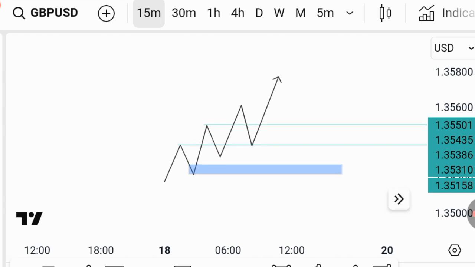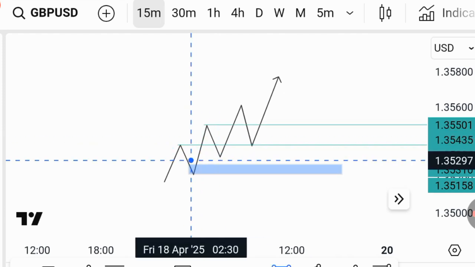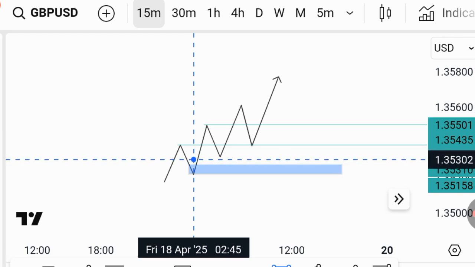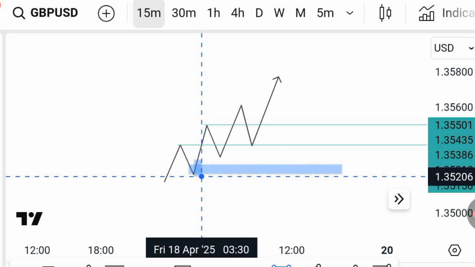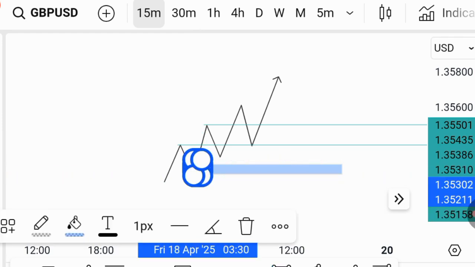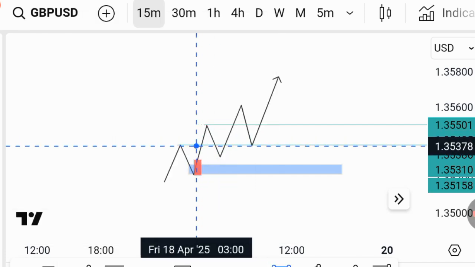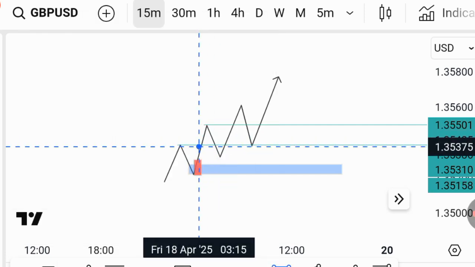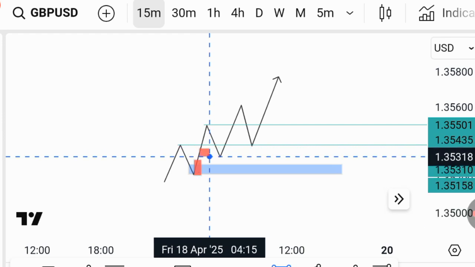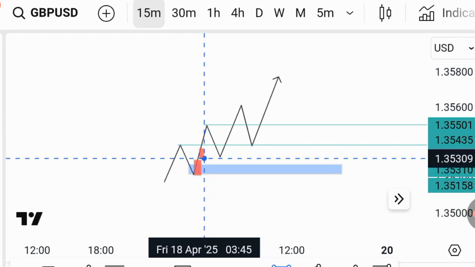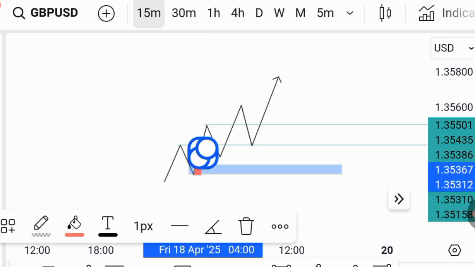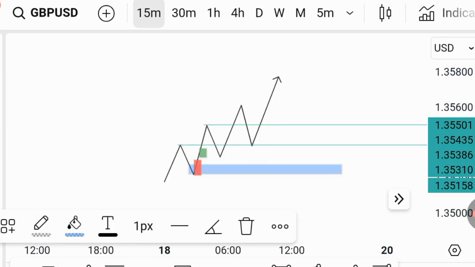Now in this area here, we're likely to have an order block right here. We can have something more like a fair value gap right here, a fair value gap happening somewhere here, right?